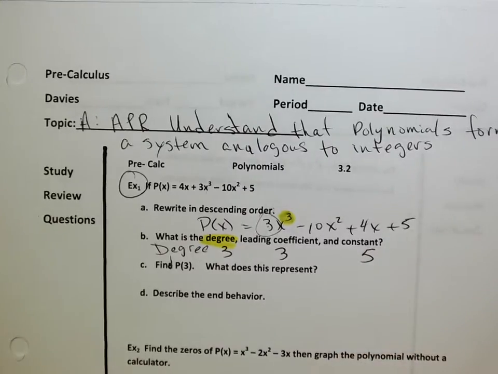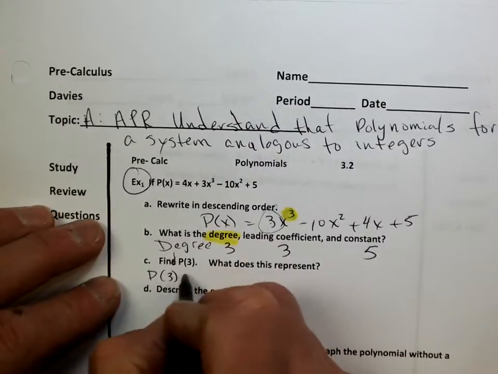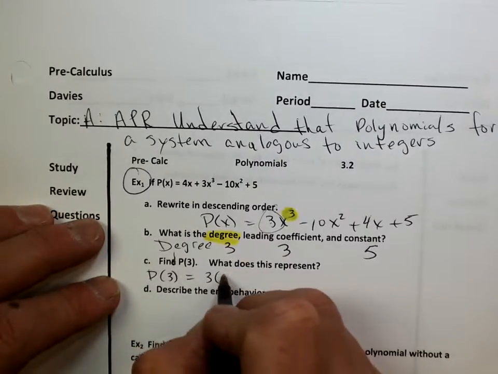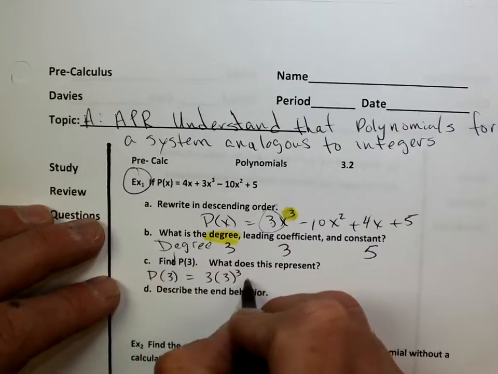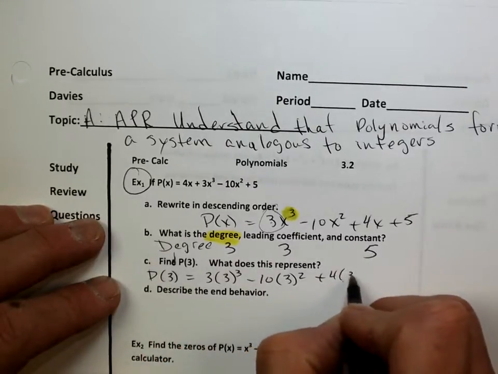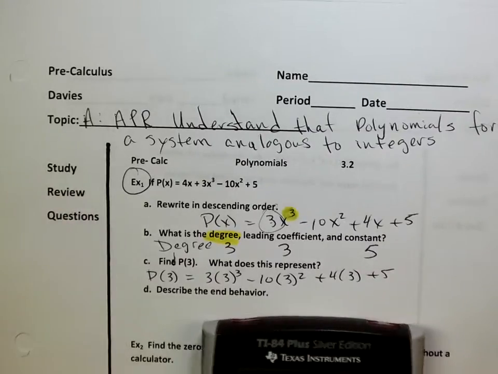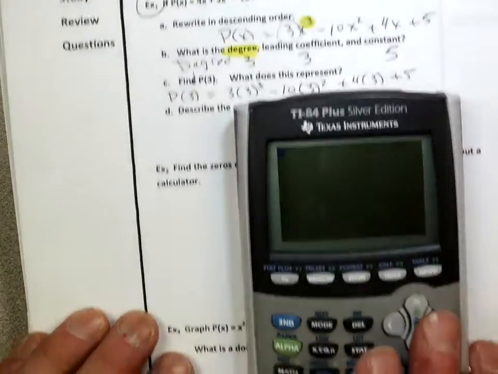Now, P of 3 is just an expression. Plug in 3, okay? So P of 3 would be 3 times 3 cubed minus 10 times 3 squared plus 4 times 3 plus 5. And I really like my calculator because I really do not want to do this by hand.